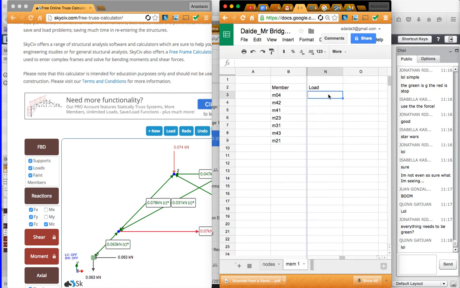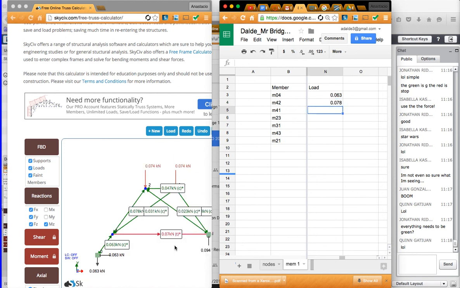So for this member right here, it's 0.063. For this member right here from 4 to 2, it's 0.078, and for this member over here, between 4 and 1, that is actually negative 0.07.